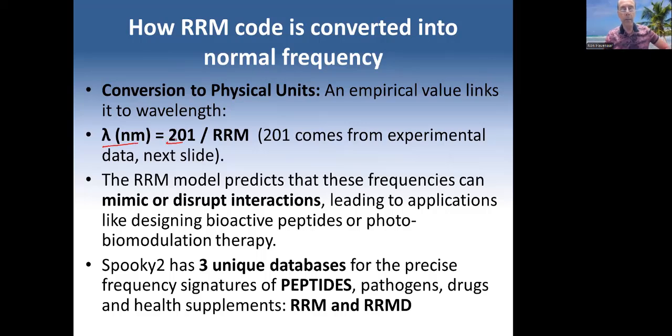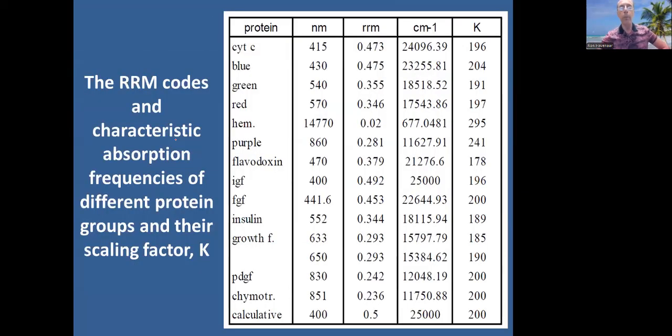And that comes here in that kind of table. Here you see the protein, in this case cytochrome C. Nanometers is the optical absorption frequency.